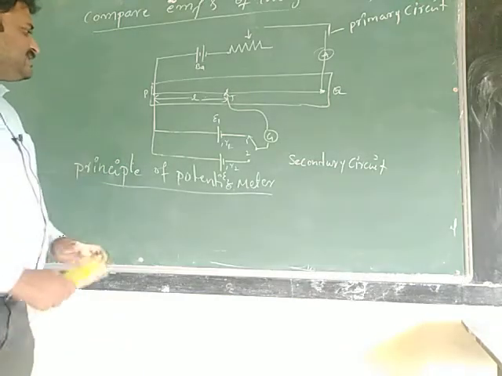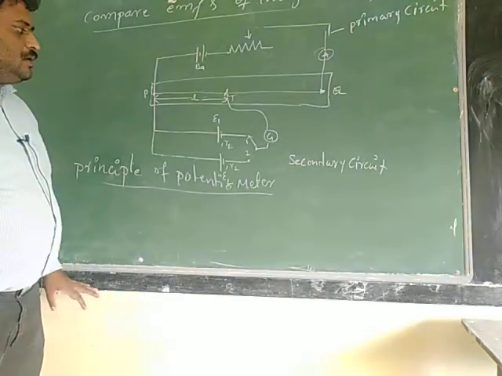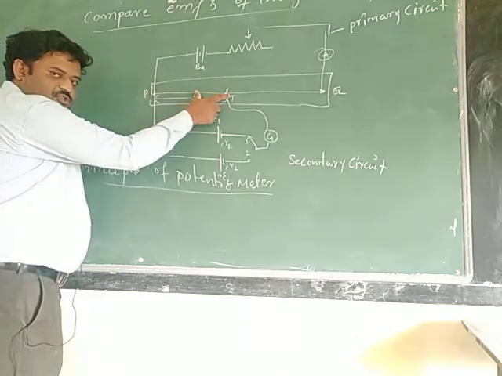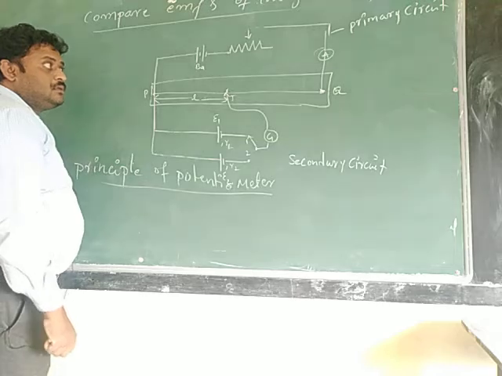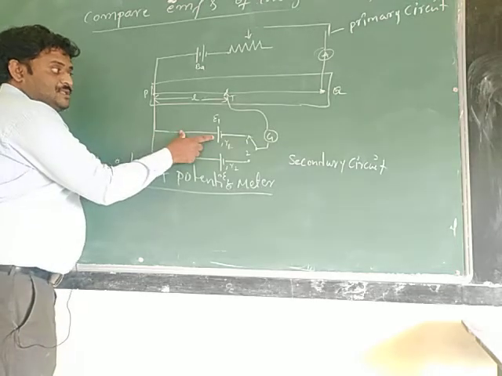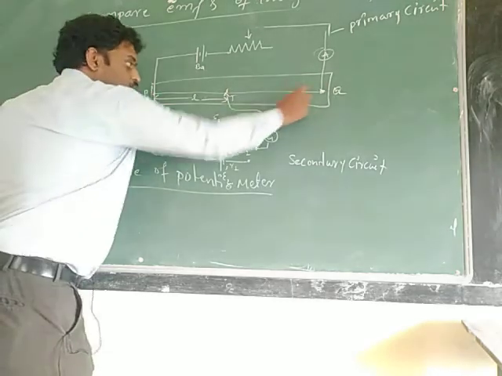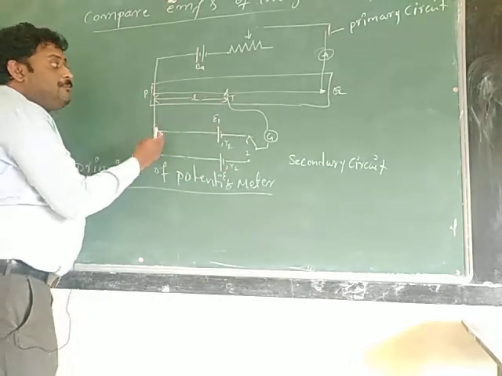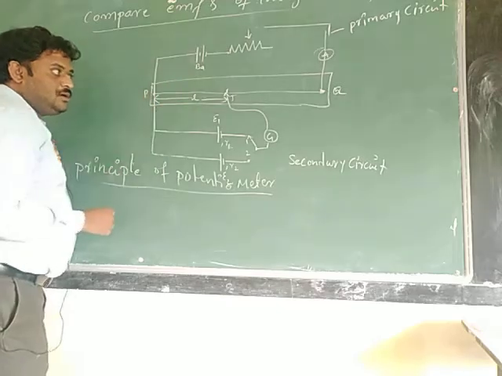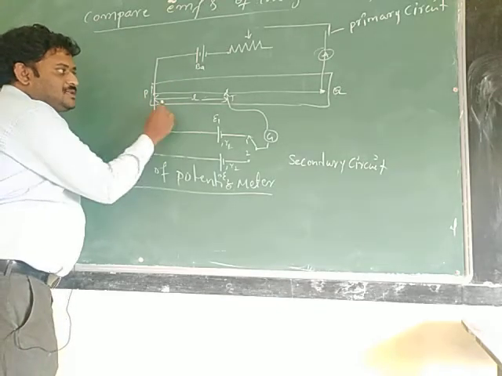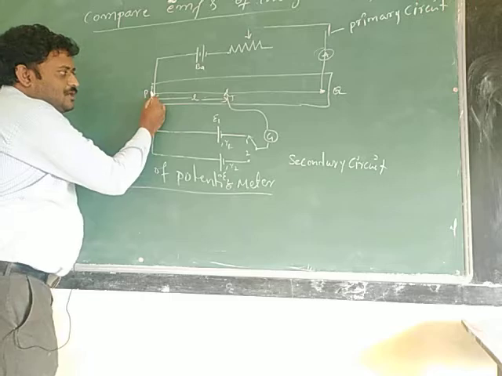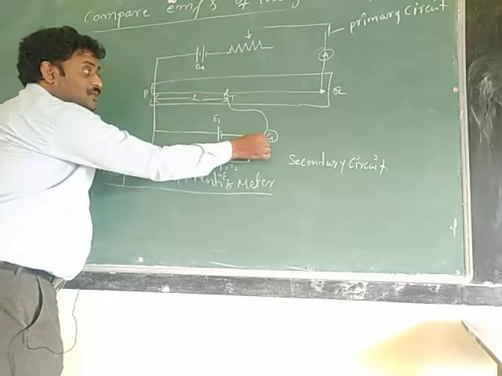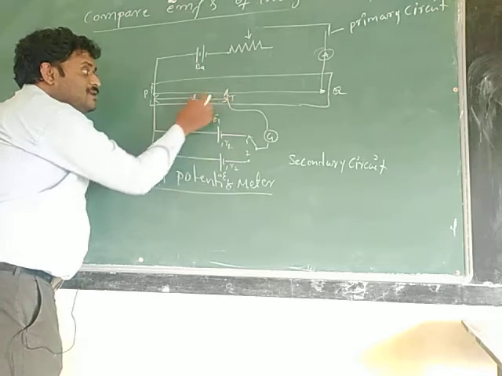Now, you can see what the principle is. The potential drop across a uniform cross section of the wire: whenever a cell is connected between P and Q and you want to measure the potential drop, while bringing the jockey from P to Q, somewhere the galvanometer will show null deflection, and we take it as the balancing point.